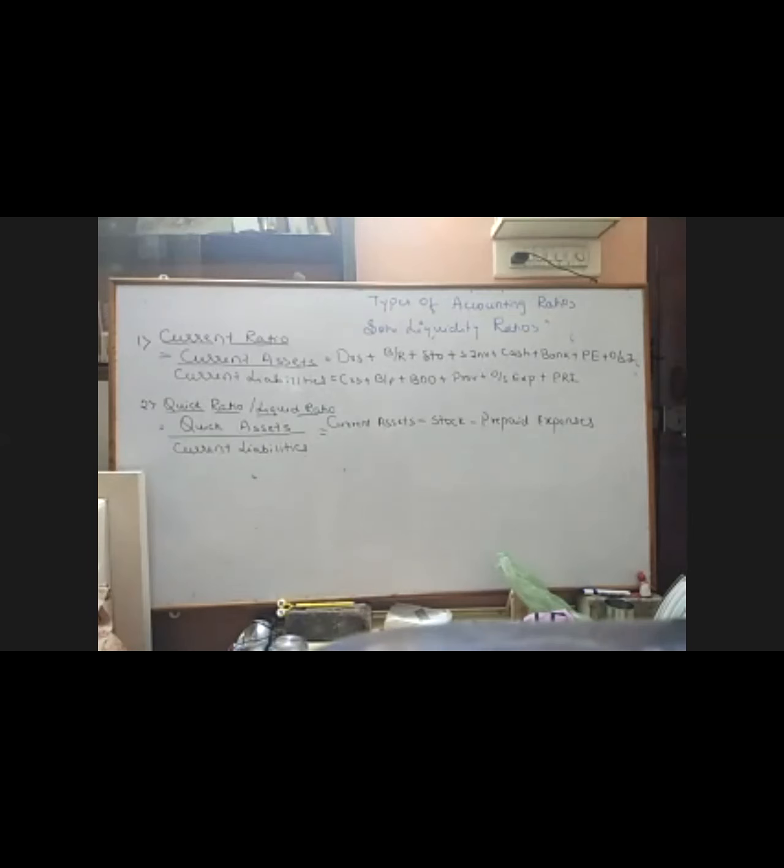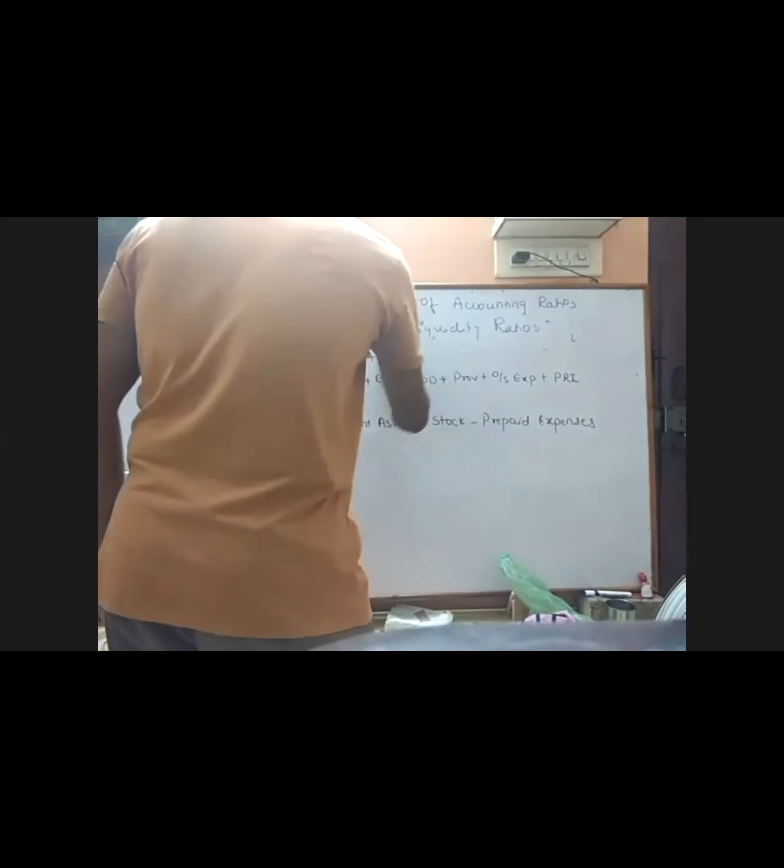You can see page 120 right next to it. Section C, 6 marks problems. From the following, calculate the current ratio and quick ratio. They have given current assets, current liabilities, and also quick assets, so there will be no trouble in calculating. I hope you have noted this down because I need to remove it now, so in order to solve it quickly, I'm removing this description.